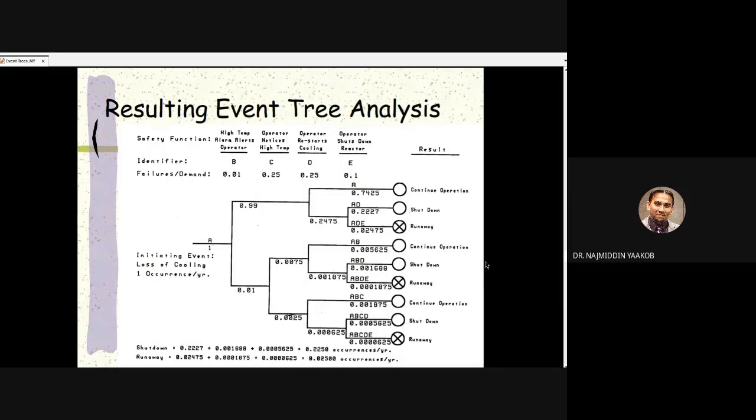So you cross the circle if it is a runaway. So you have 1, 2, 3 runaway, 1, 2, 3 shutdown, and 1, 2, 3 continue operation. So you total up for the shutdown 0.0227, all this, the value when you have multiplied it. All right, I'll go for a simple one for you to understand.